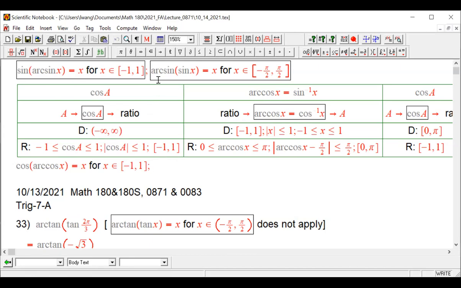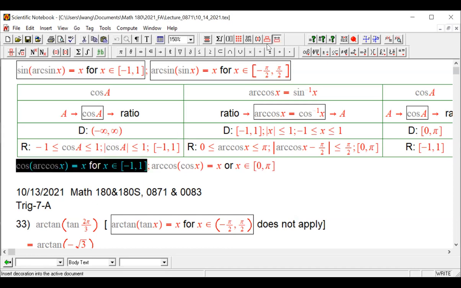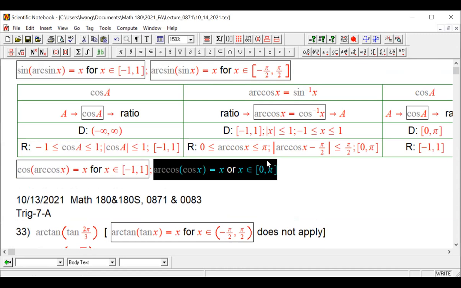And the next one is ArcCosine of cosine of x equals x, for x belonging not between -pi over 2 and pi over 2, but in the interval from 0 to pi. So we also have two comparable properties out there.